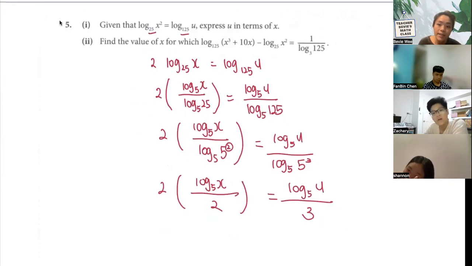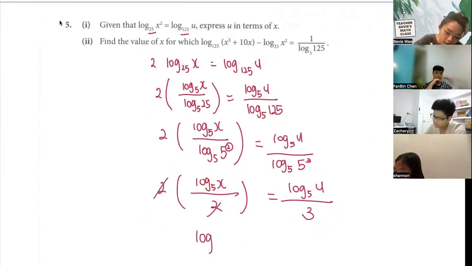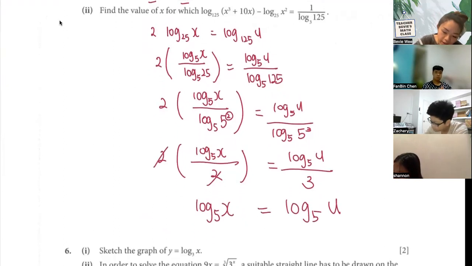And then on the left-hand side, what can I do? 2 over 2, I can cancel. Log base 5 of x equals log base 5 of u over 3.